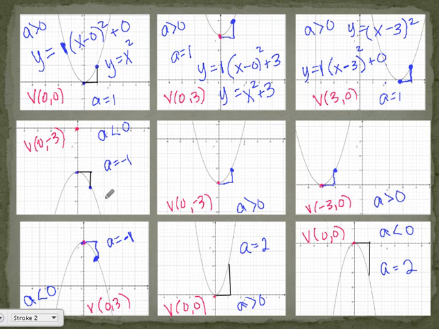Over here, we begin to start dealing with some negatives. Y is equal to negative 1 times x minus 0 squared minus 3. So if I clean that up, I have the equation y equals negative x squared minus 3.